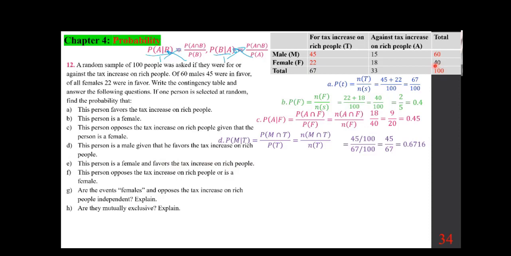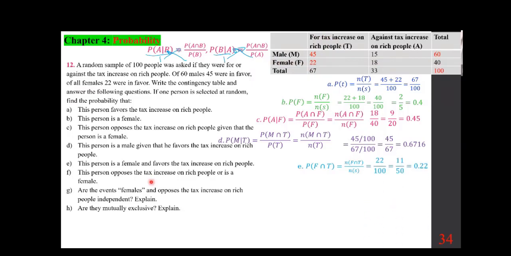Therefore, for this person is a female and favors tax increase, you are going to write the formula. Probability of F intersection T ultimately becomes N of F intersection T over N of S. And as I said, N of S is 100, F is this row, and T is this column. F and T come together, giving us the number 20.